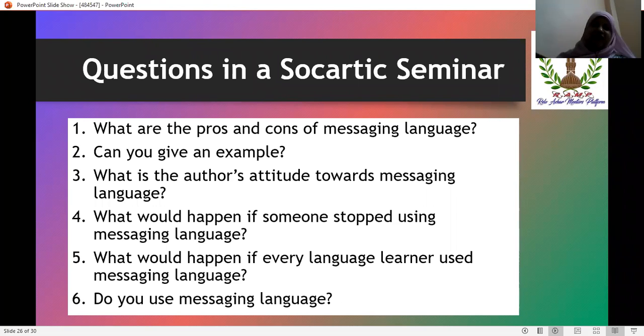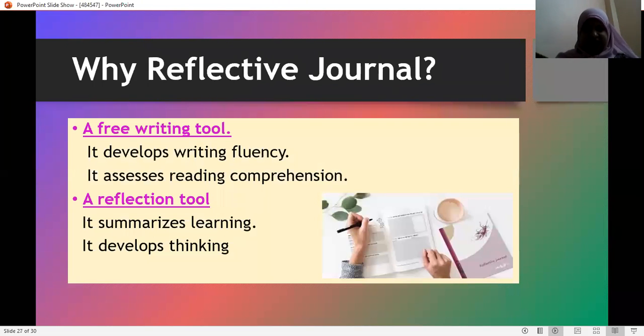So I raised two assumptions. What if questions are very constructive for a Socratic seminar. Do you use messaging language? So all these are Socratic and they can be exchanged among different learners. After the seminar, you use a reflective journal.